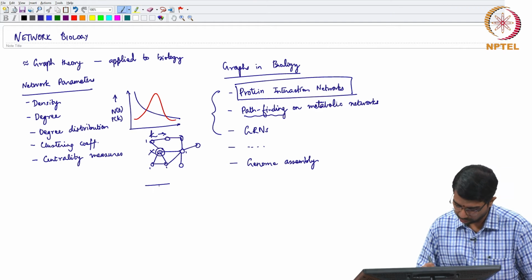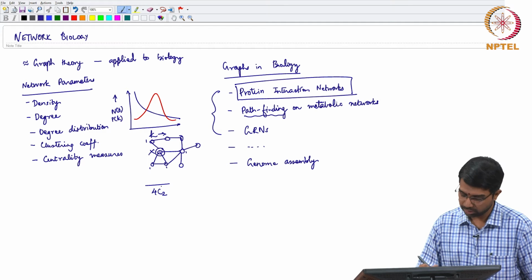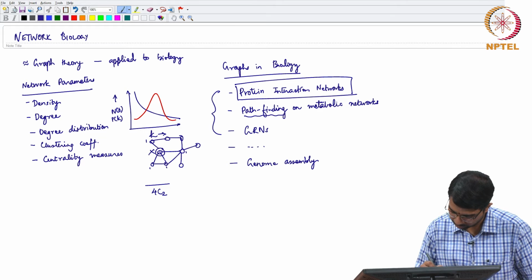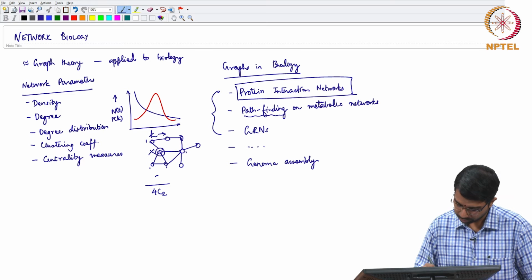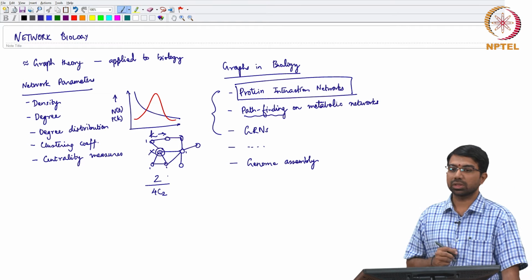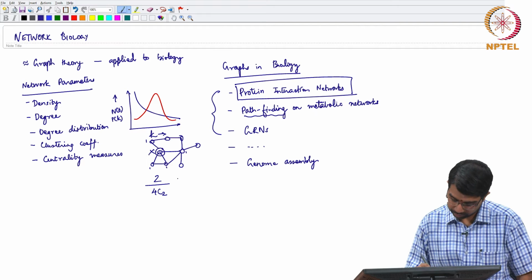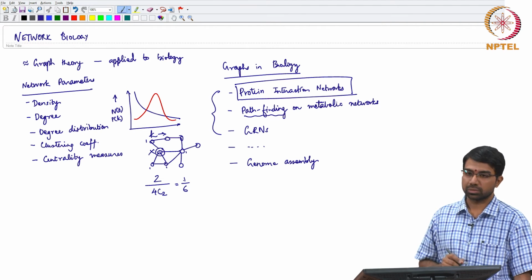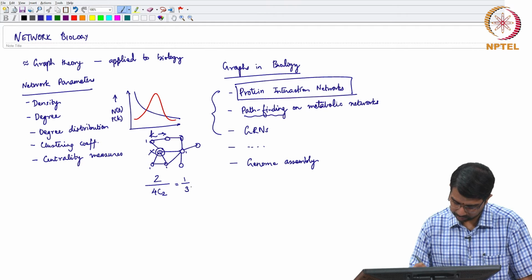So, there are a total of possible 4 choose 2 edges between those nodes, but how many of them exist? You have 1 here, you have 2 here, is that it? Yeah. So, this is the clustering coefficient of this node, which is basically 2 by 6, 1 by 3.